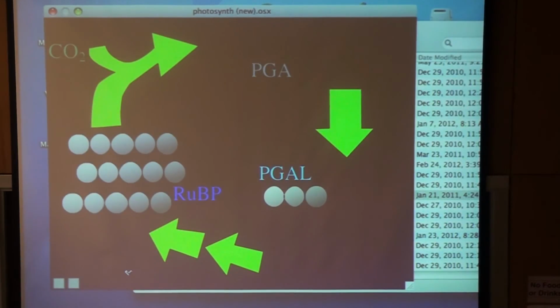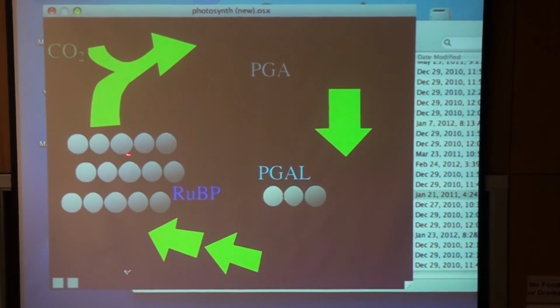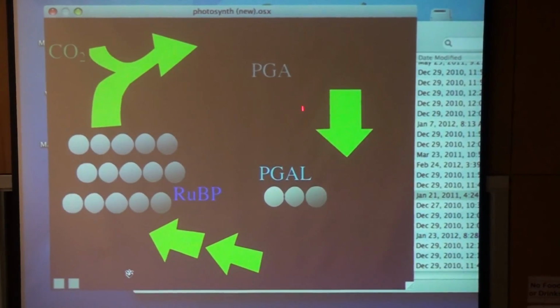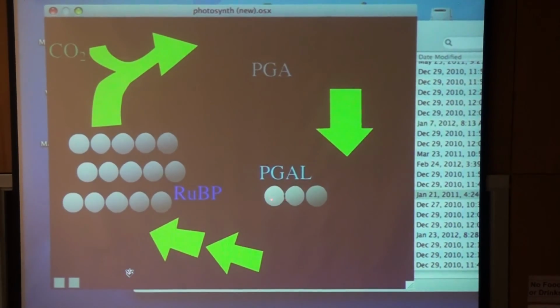Every time an RUBP goes through this part of the cycle, a carbon dioxide comes into the cycle. So when these 3 RUBPs went through this part of the cycle, 3 carbon dioxides came into the cycle. And so in essence, that's where these 3 extra carbons came from. In essence, the Calvin cycle has changed the 3 carbon dioxides that came in into 1 new PGAL.